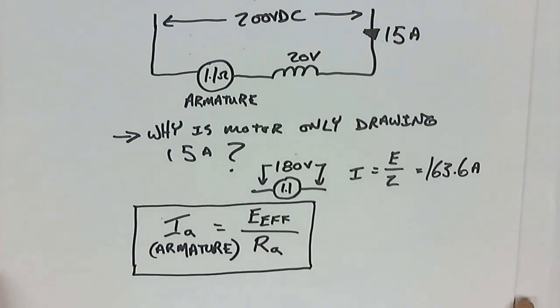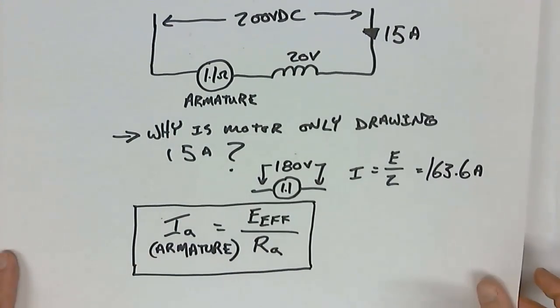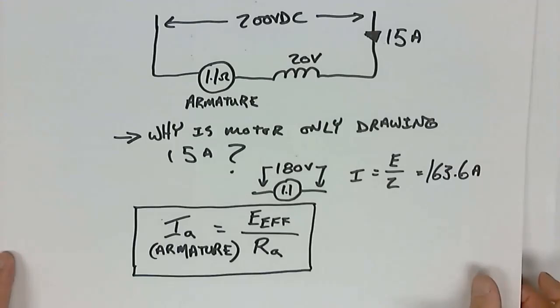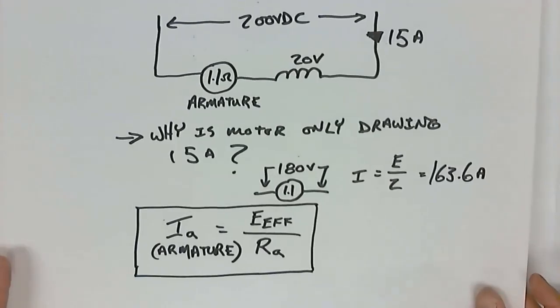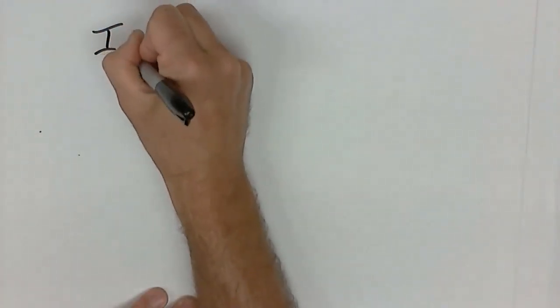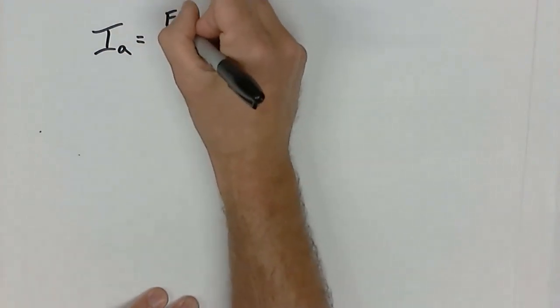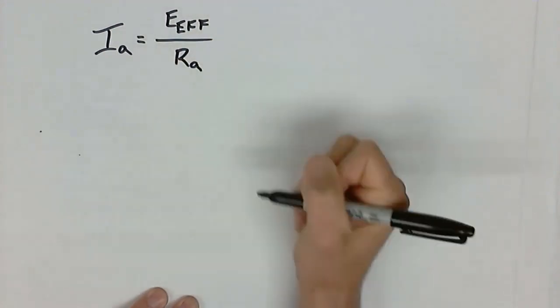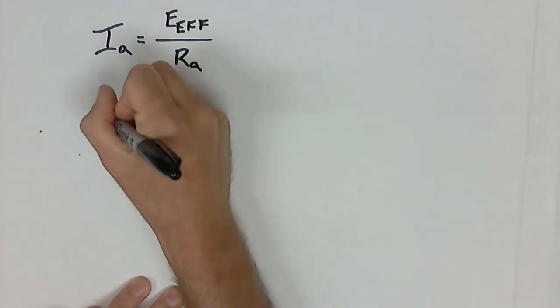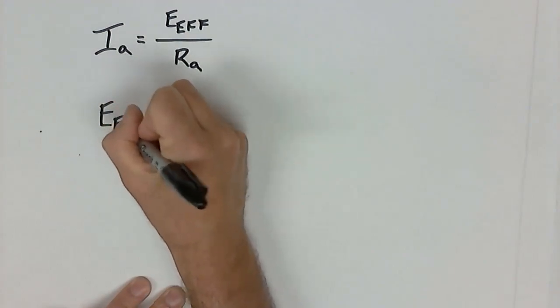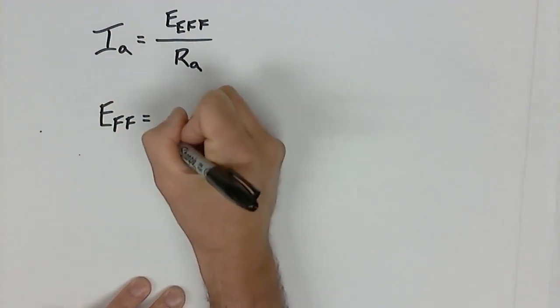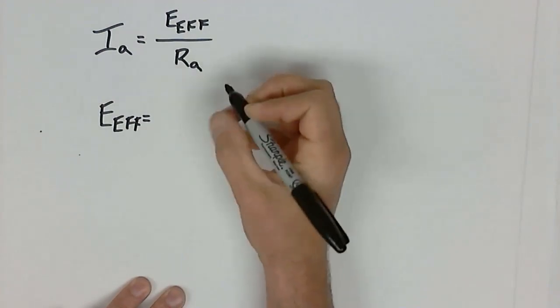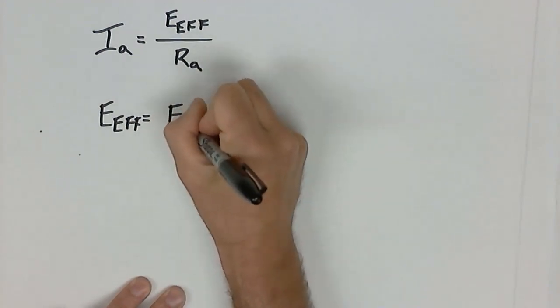And the key to this, there's a few different ways that it can be sketched. So let's take a look at one of the other ways that we can show this information. IA is equal to E effective over the resistance of the armature. And another way that we can use this, E effective is equal to EA minus EG.